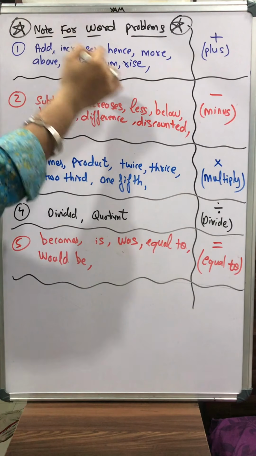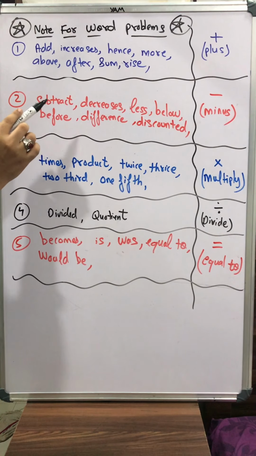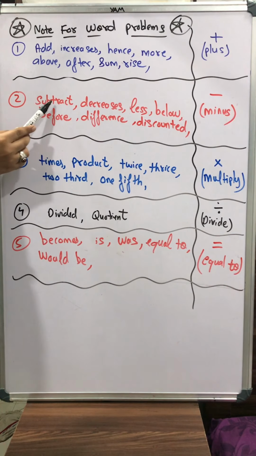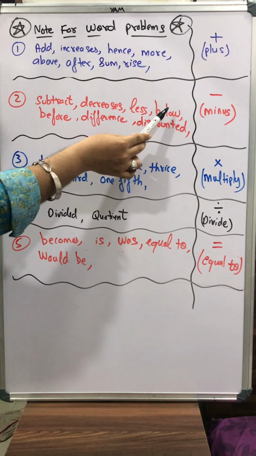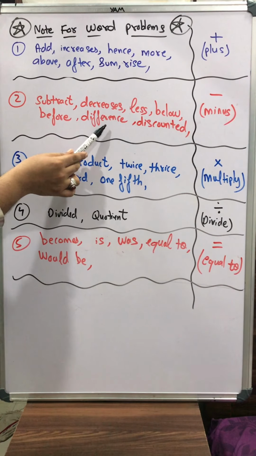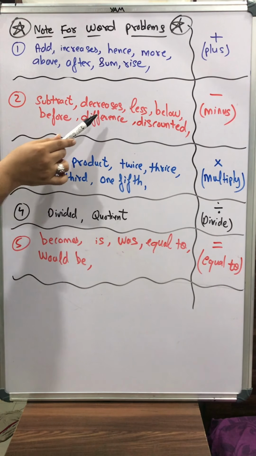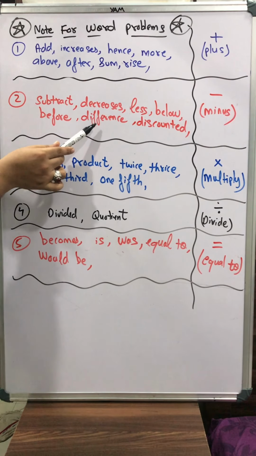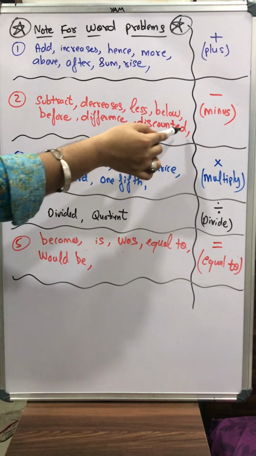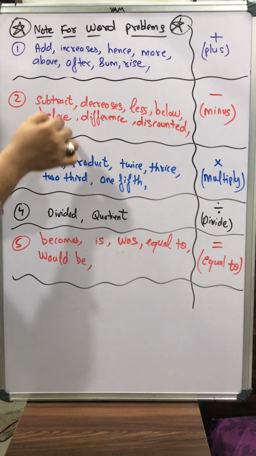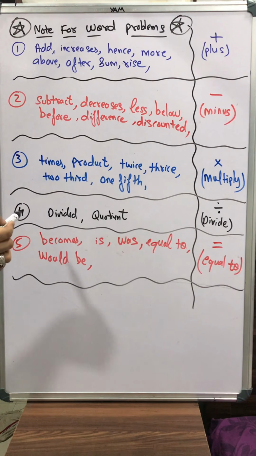So all these words mean plus. Next, subtract. If subtract comes in the word problem: decreases, less, below, before, difference, discounted. Difference means bigger quantity minus smaller quantity. Okay. So discounted, and I have applied a comma. Leave some lines. You can add more words in your dictionary.